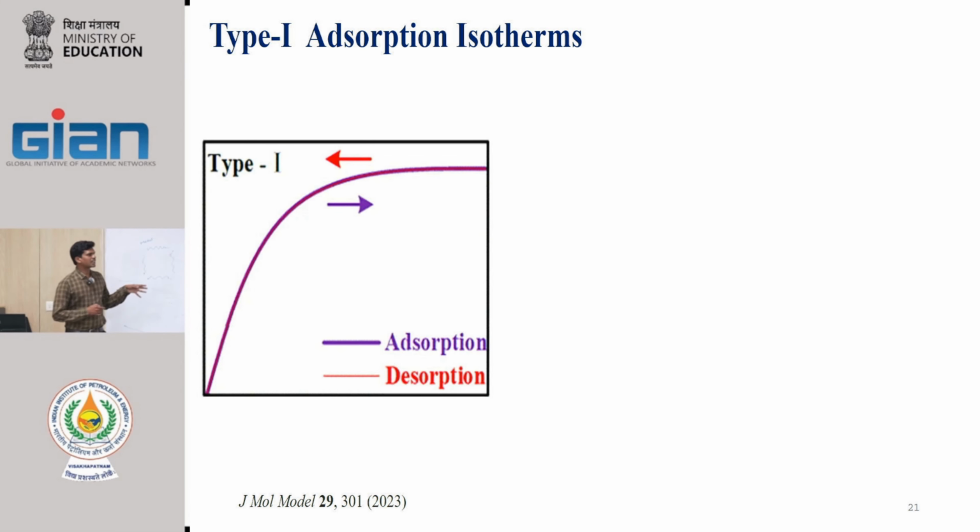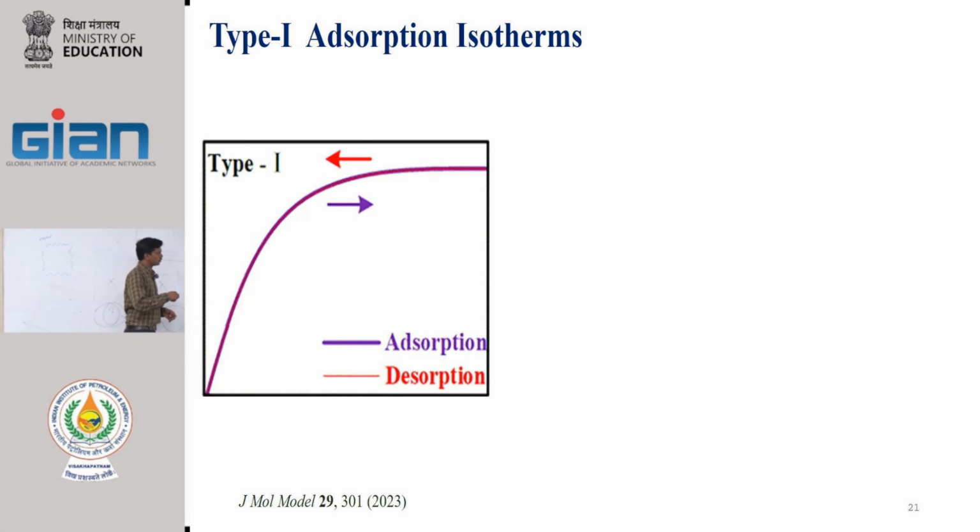So what are the characteristics of type 1? You see that this is the pressure axis, right? And this is the amount adsorbed. Even at low pressure, the amount adsorbed increases exponentially, so it reaches equilibrium very easily. Look at the characteristics. One, look at the curve type.